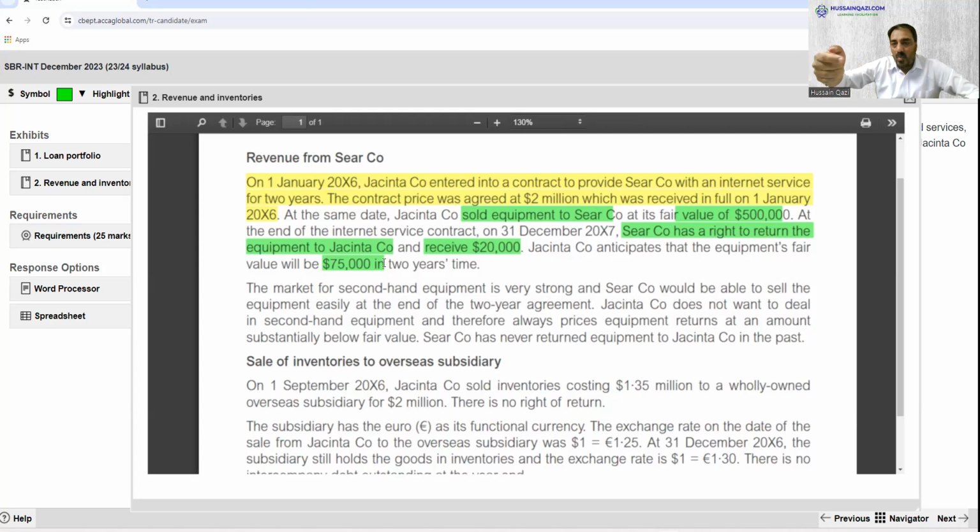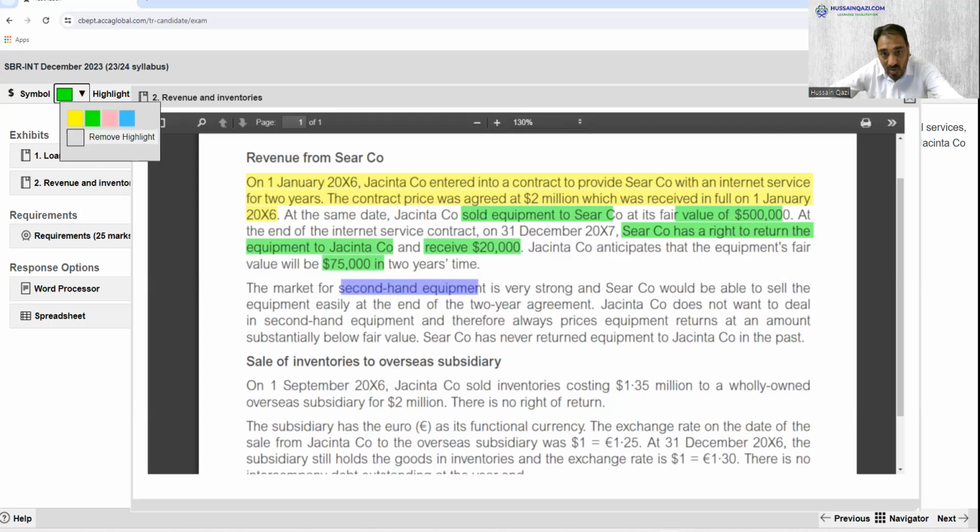At first point, will the buyer exercise this option with Jacinta? In fact, in the market they are expecting to receive the higher amount of 75,000 as compared to 20,000. No. So with the first statement, although there is a put option, it's not expected to materialize. Further, the market for second-hand equipment is very strong, and the seller would be able to sell the equipment easily at the end of the 2-year agreement.